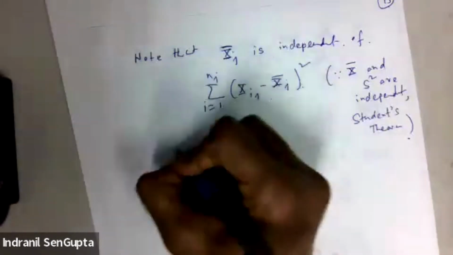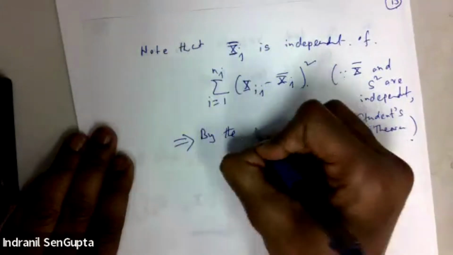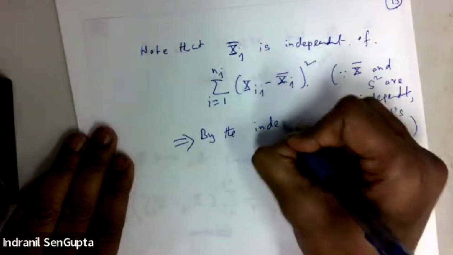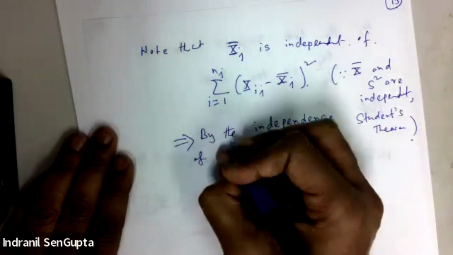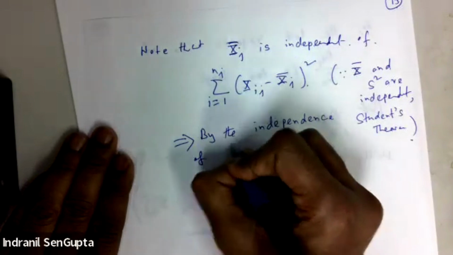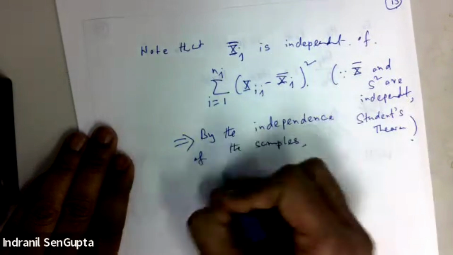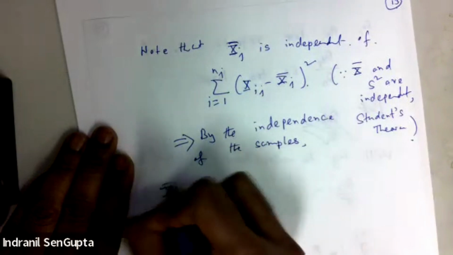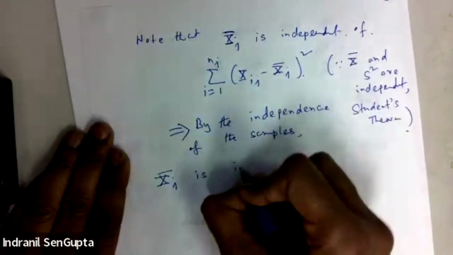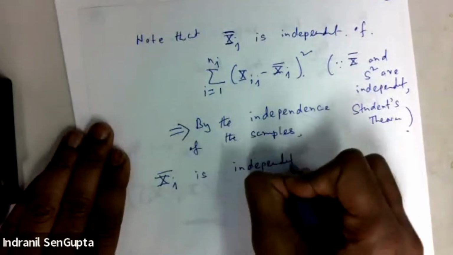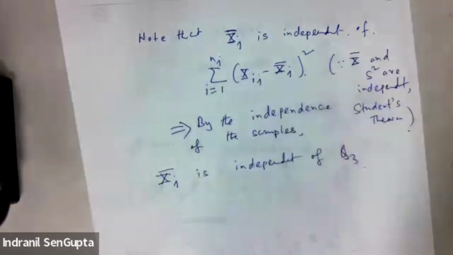That means by the independence of samples, this X_j bar is independent of Q3 as well, because Q3 is nothing but the sum of this one, right?